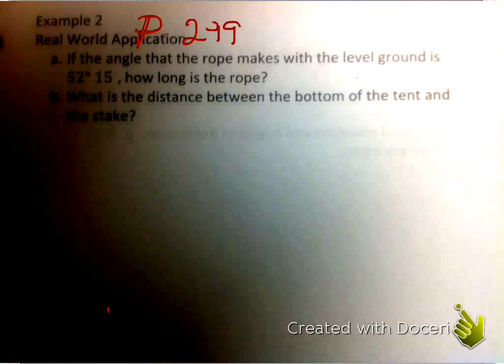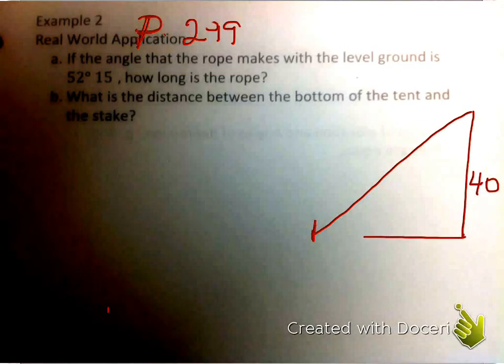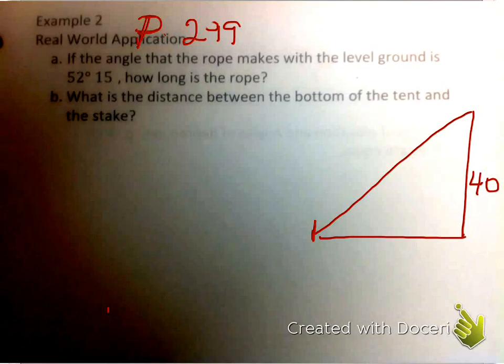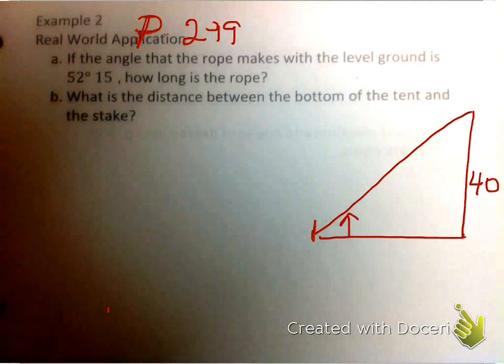So we're going to draw a picture here, and this is the tent, and it's 40 feet tall. And here's the rope, and here's the stake, and here's the distance between the tent and the stake. I am going to label this angle right here 52 degrees and 15 minutes. Okay, then we're going to solve for the rope, and I'm going to call the rope R. We're going to set up a trig function.